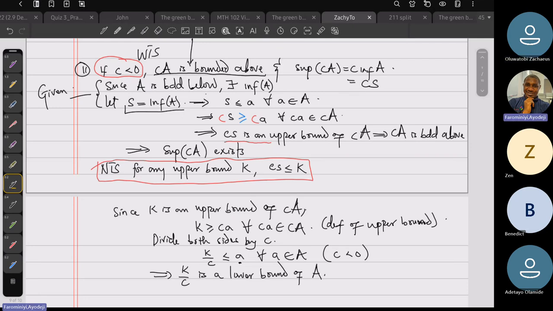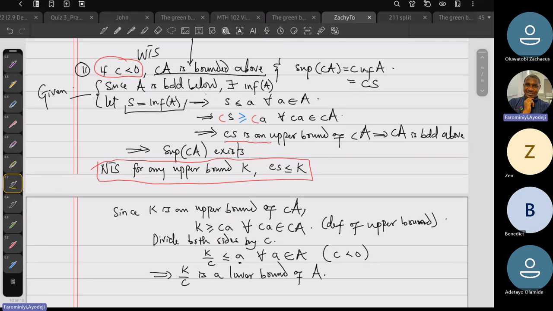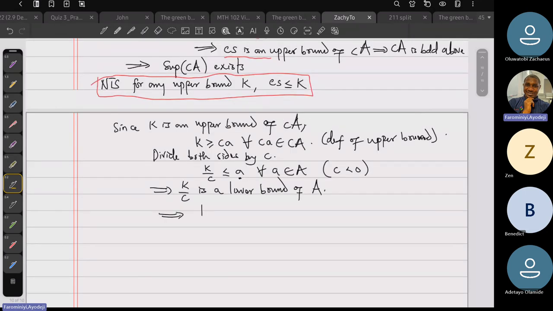In this case, K over C and S are both lower bounds, but because S is the infimum, it is the greatest of all the lower bounds. So we must have that K over C is less than or equal to S. Okay, why? Because S is the infimum of A, or greatest lower bounds, greatest of all the lower bounds of A.